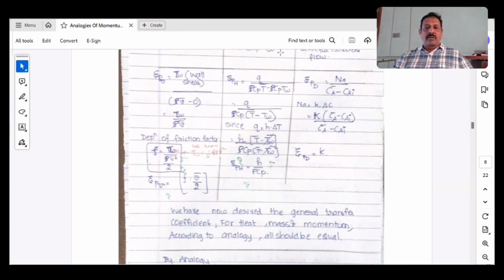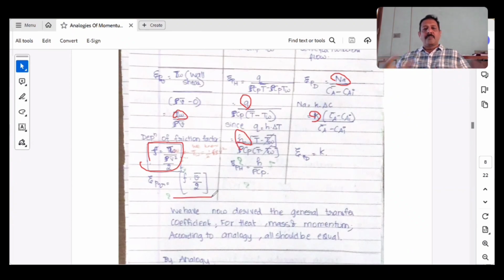So you write all these fluxes in terms of their coefficients: in terms of f here, in terms of h here, in terms of K here, right? You get this.